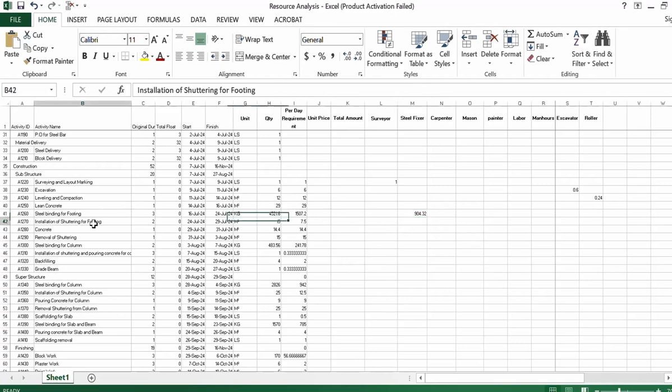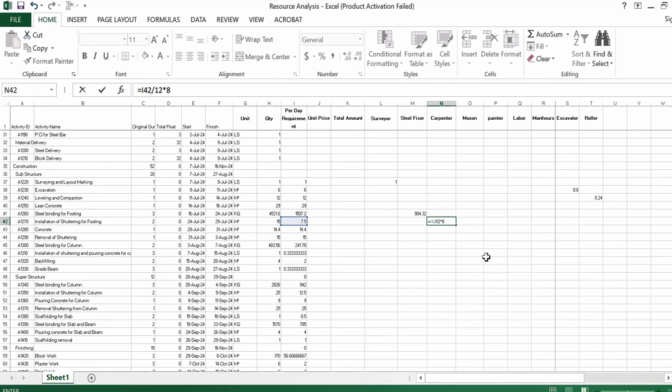Next, we have installation of shuttering for footing. We need a carpenter for this. One carpenter will do 12 square meter per day, so I will put 12, then I will multiply by 8.